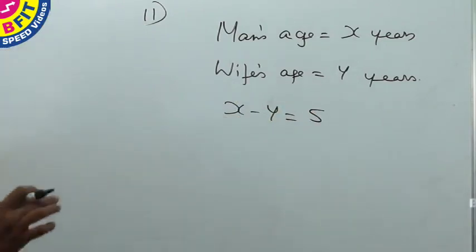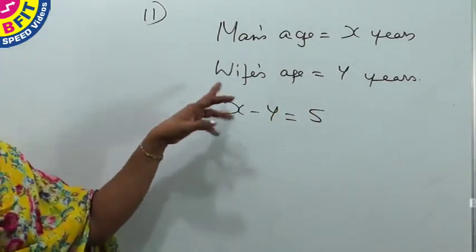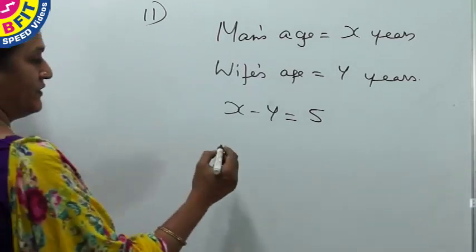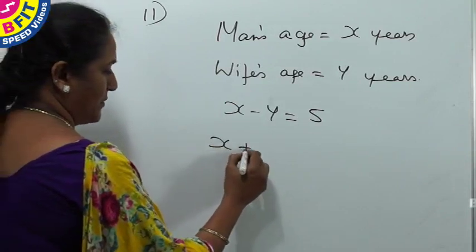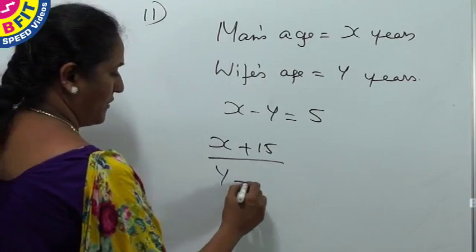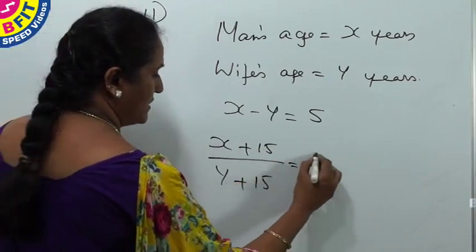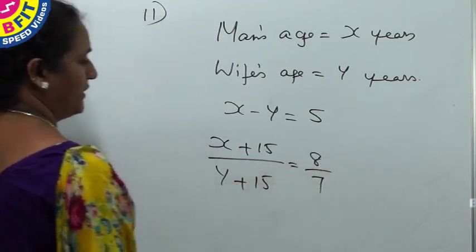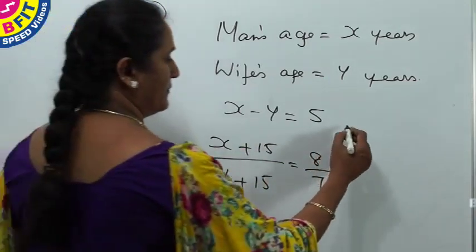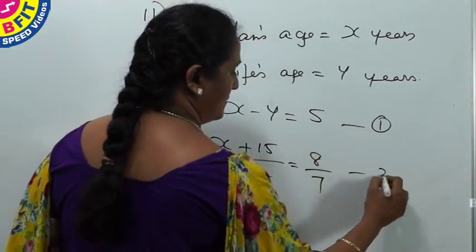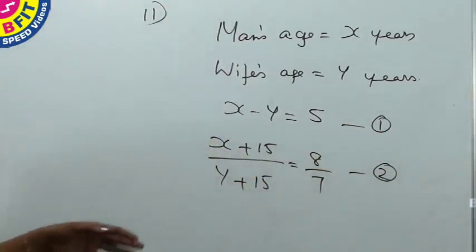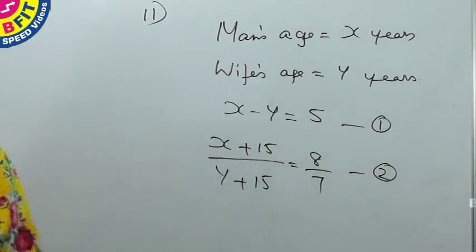So after 15 years, the man is 8 by 7 times the wife's age. So the man's age is increased by 15, and y plus 15, which is equal to 8 by 7. Expanding this, we get equation 2, and solving for x and y, the man's age or wife's age is got.